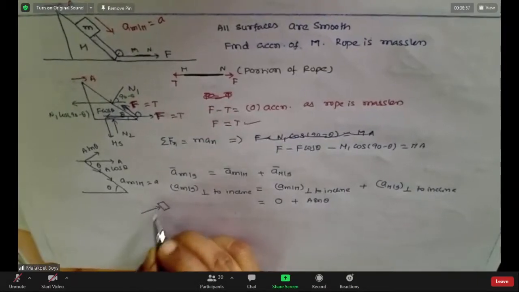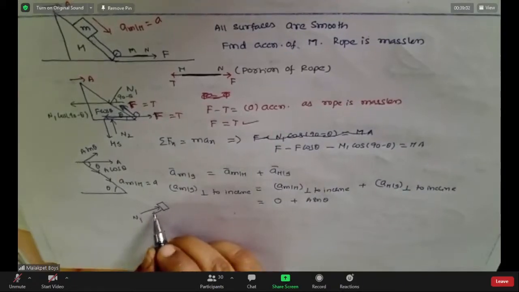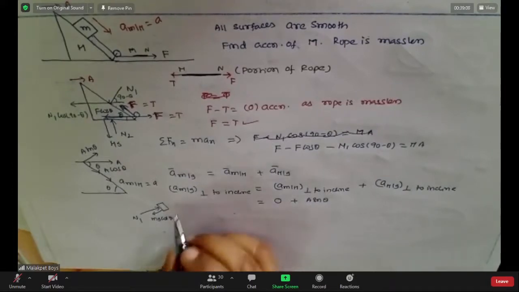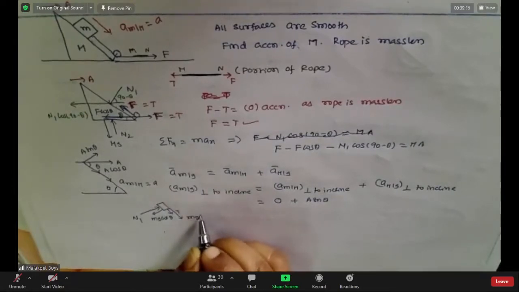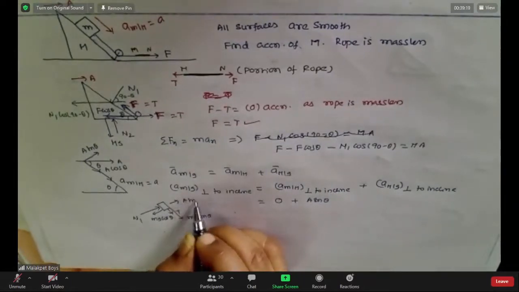Wait. This is only in this direction. There is no acceleration in this direction. So now if you take the block, what are the forces perpendicular to the incline? One is the normal reaction, N1. Next, this is mg cos theta. Any other force in that direction? This is the tension, but parallel to this we don't need it. So the acceleration in this direction is A sin theta, no?